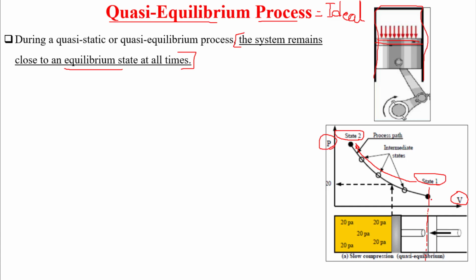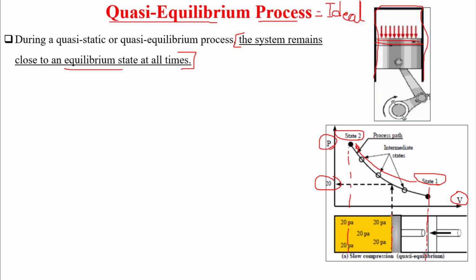During traveling from state 1 to state 2, we call this line the path line, or process path. At a certain instant, before reaching state 2, we measure the pressure and find it equal to 20, at each point on the piston.